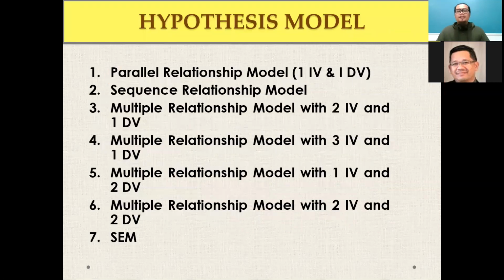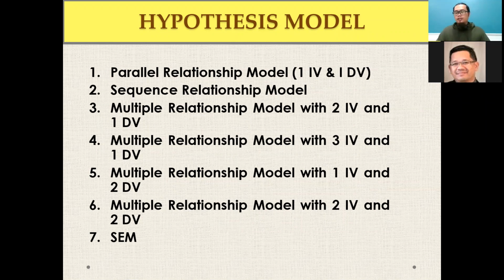Okay, from these hypothesis models, we discuss the 7 types used to represent the relationships and effects between independent variables and dependent variables. Number 1 is parallel relationship models, which is one IV and one DV.